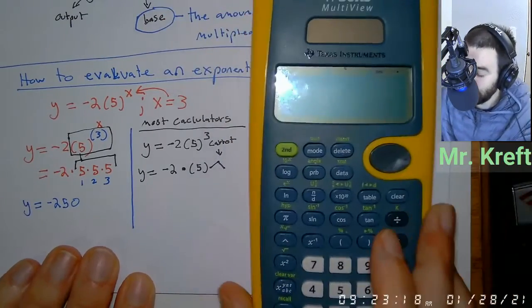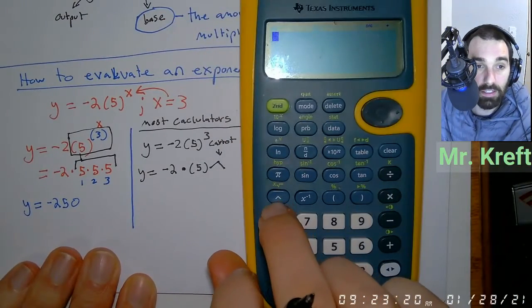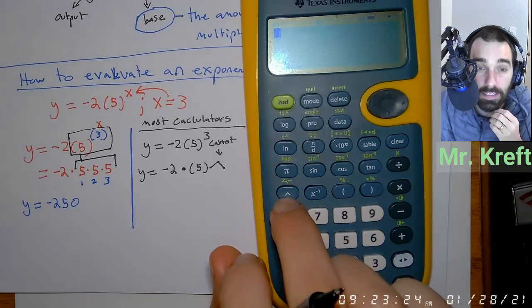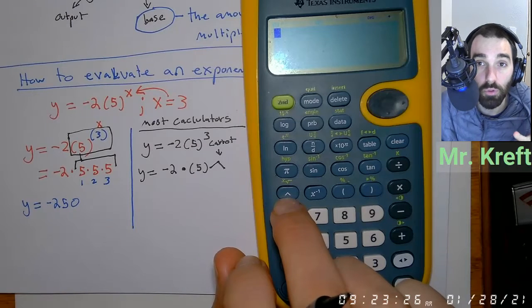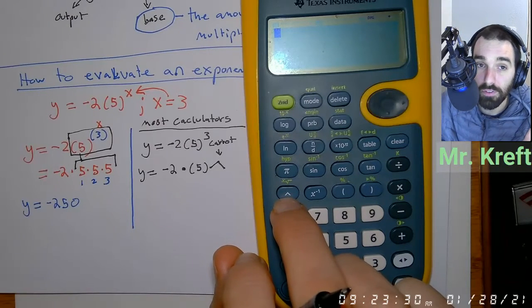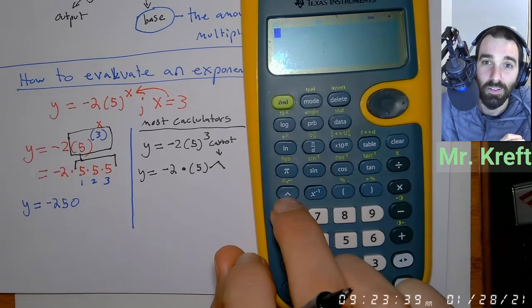So again, for most calculators, it's going to have this button right here, called a caret button. You might have seen this symbol. If you have anybody in the military, it's used as a rank symbol, and in a non-math sense it's called a chevron symbol.